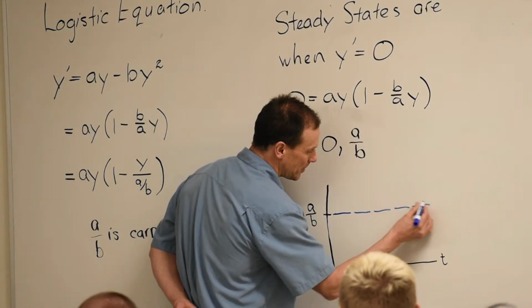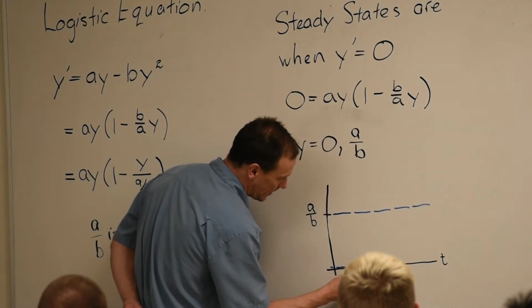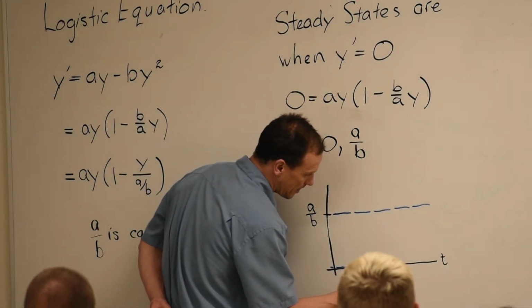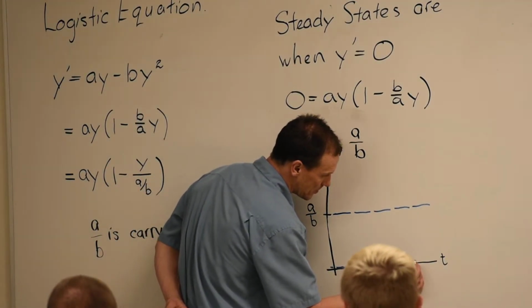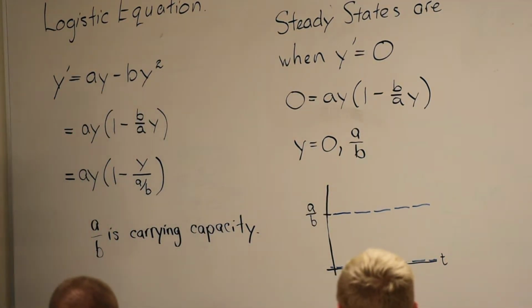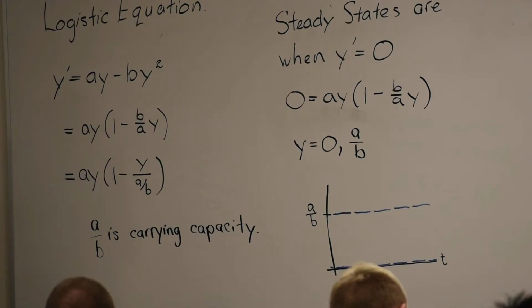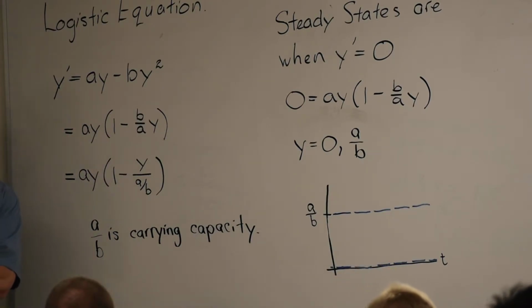There's one of them at a over b, and our other one is down here at 0.